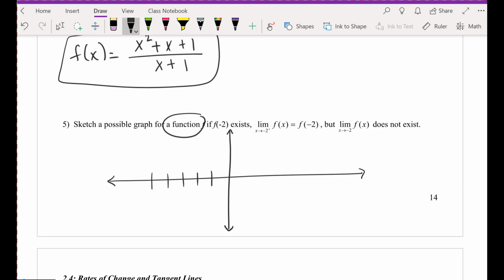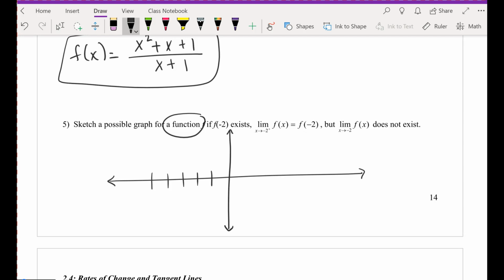Is that okay? Yeah. Number 2, next restriction. The limit as x approaches -2 from the right of the function is the same exact value as f of -2. Now, so tell me, how do we do that? What do we do?